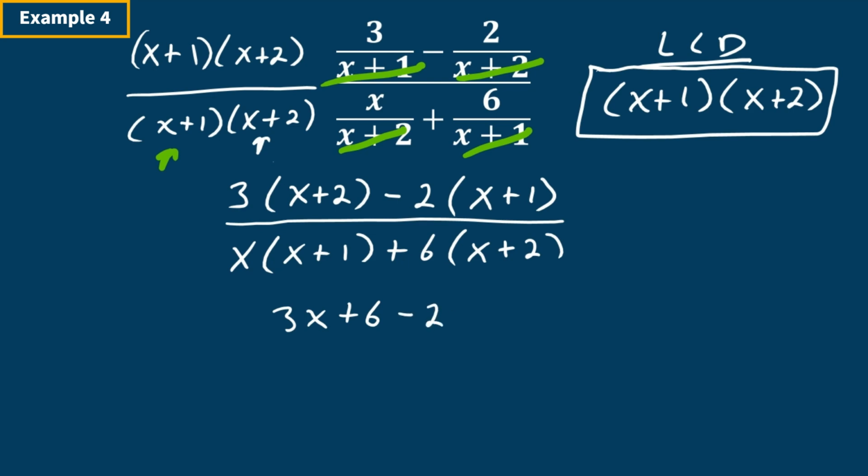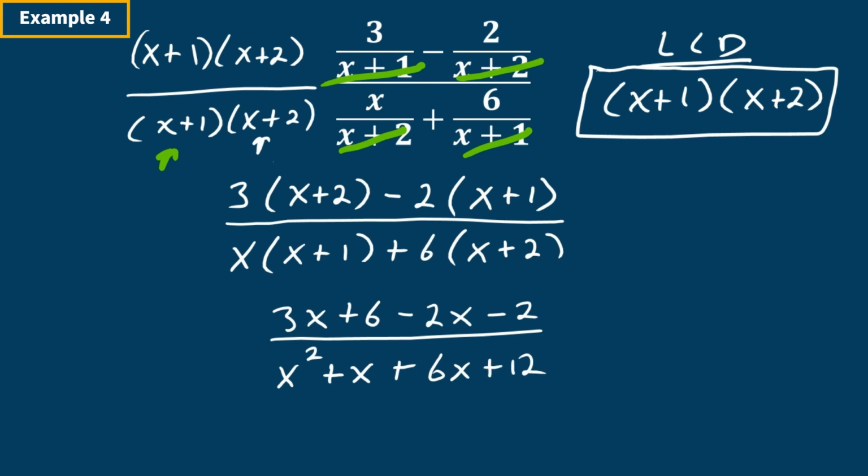We'll have negative 2x minus 2 divided by, now we distribute the x. X times x is x squared plus x plus, now we look at the 6. We got 6x plus 12.